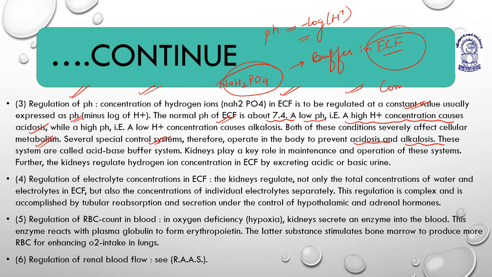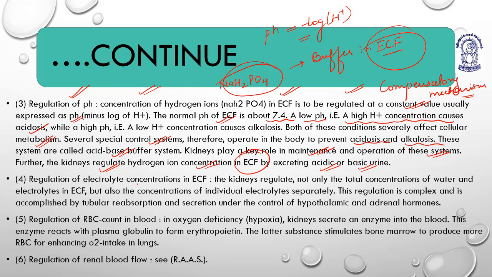This is a compensatory mechanism called the acid-base buffer system. Kidneys play a key role in the operation of these systems. Further, the kidneys regulate the hydrogen ion concentration in the extracellular fluid by excreting acidic or basic urine, so it helps to regulate the pH.